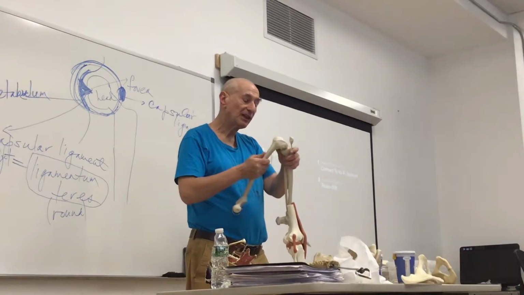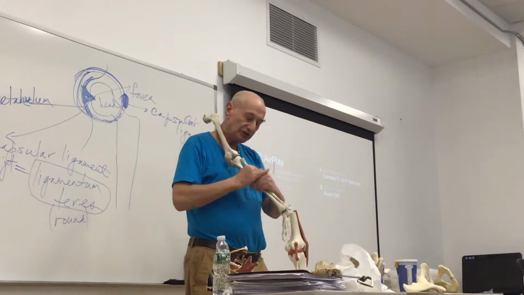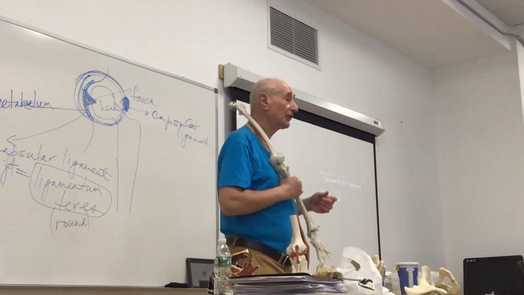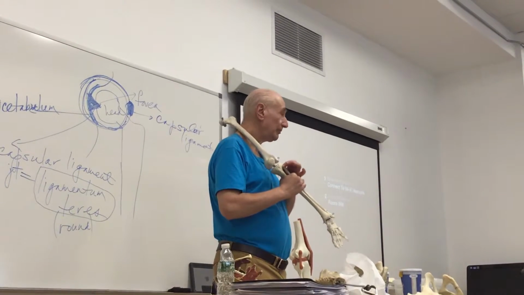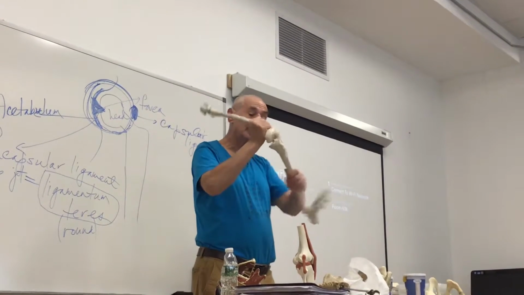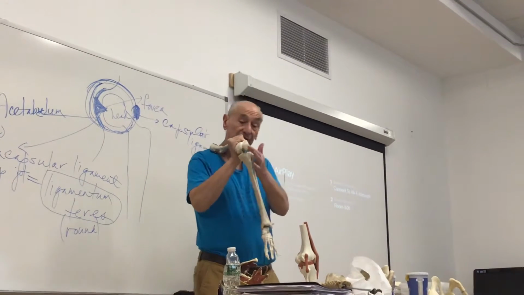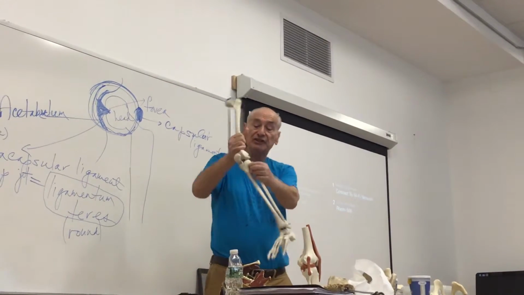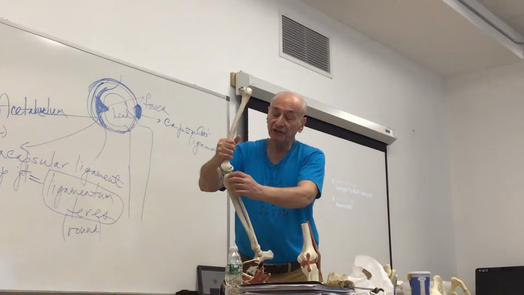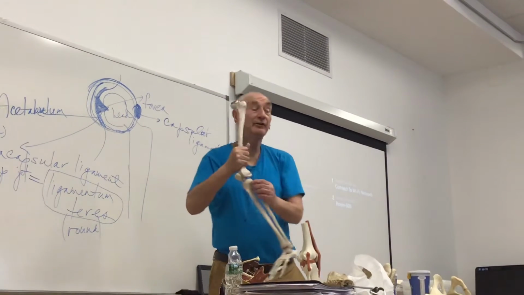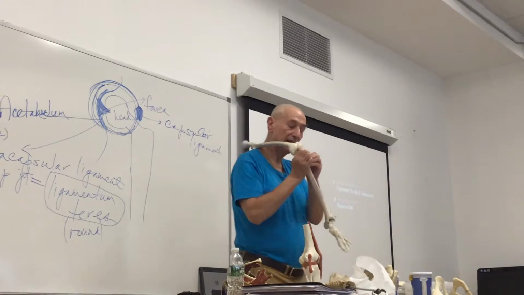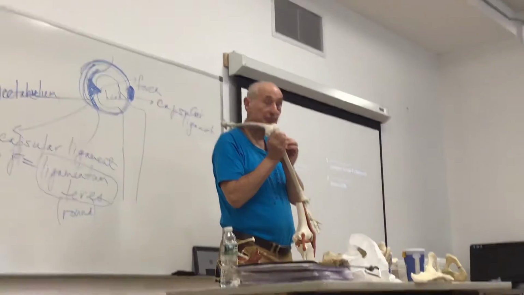And then just be aware, just like the head of the radius, which is not exactly analogous, the head of the radius has two articulations, so does the lateral condyle of the tibia. The main one is the knee joint with the femur. The main articulation of the lateral condyle is with the lateral condyle of the femur, but on the lateral aspect, the lateral condyle of the tibia also articulates with the head of the fibula, and that's named, like the radial ulnar joints, the proximal tibiofibular joint.